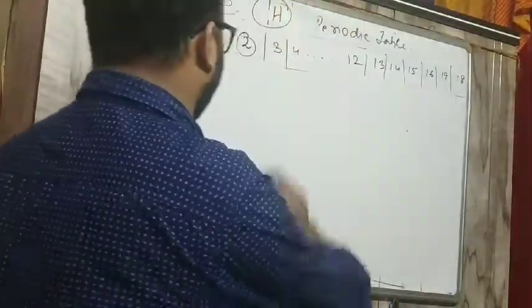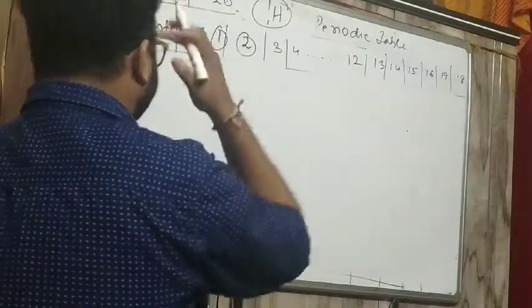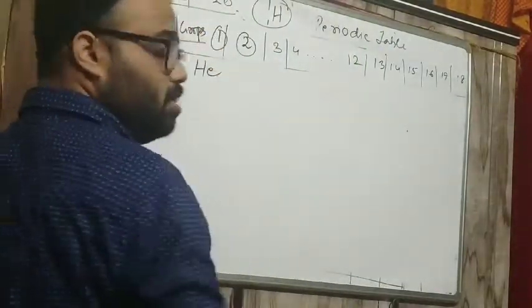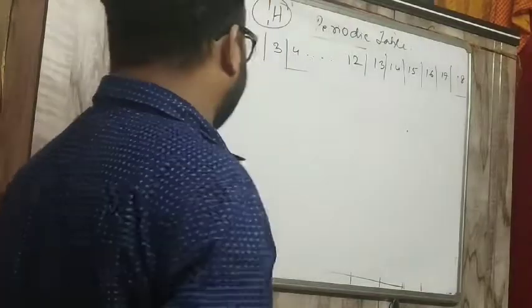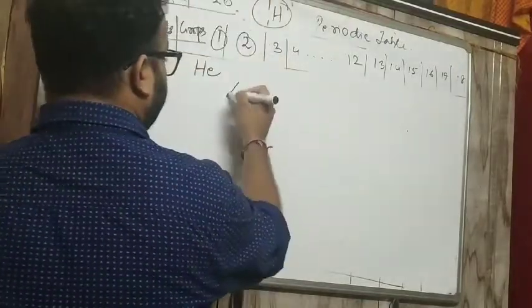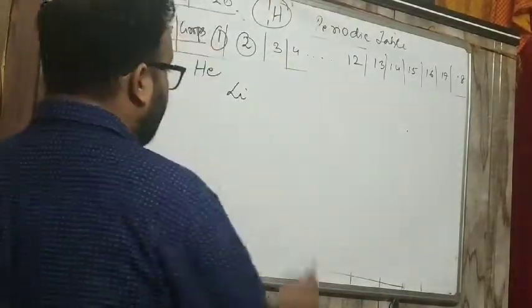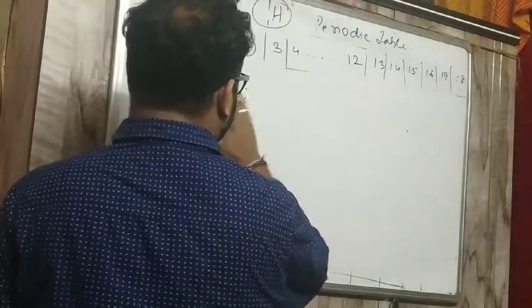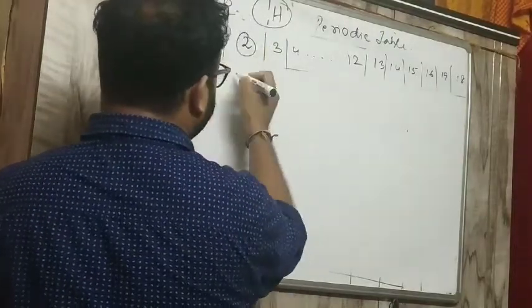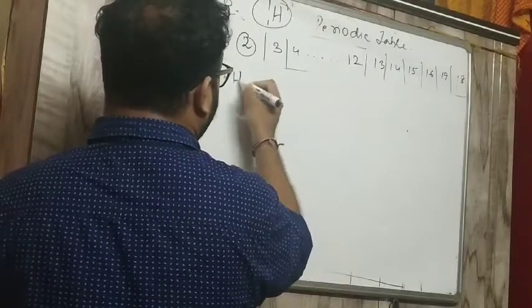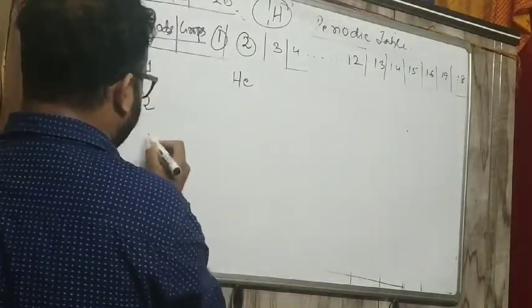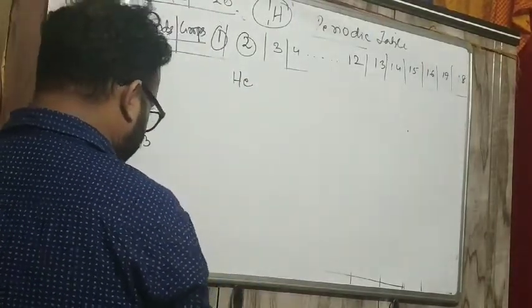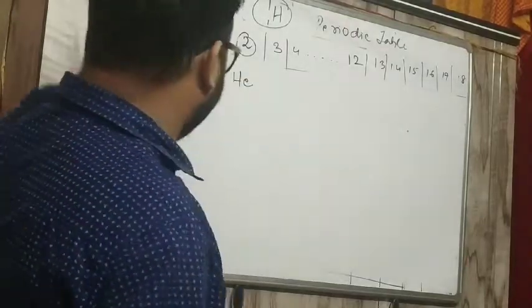If I go on plotting, helium is in the first period. Helium is in the second group, but in the first period. First, second, third, fourth, fifth, sixth. In the first period you have helium.